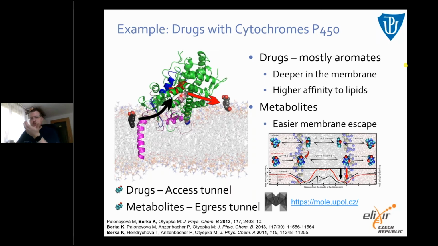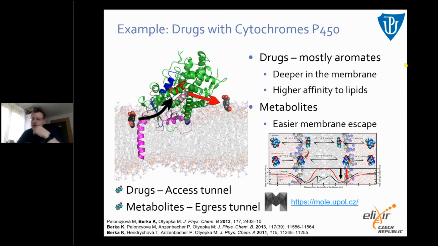And we started to wonder whether there will be some difference between the access channels and the egress channels. And we found that, based on where the molecules reside, the drugs are usually more deeply in the membrane.